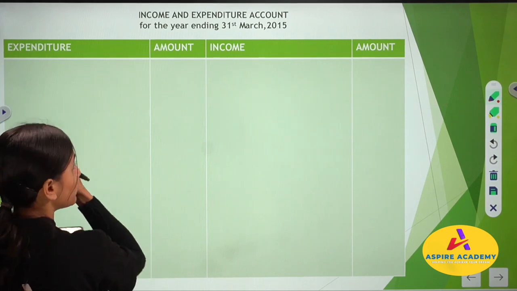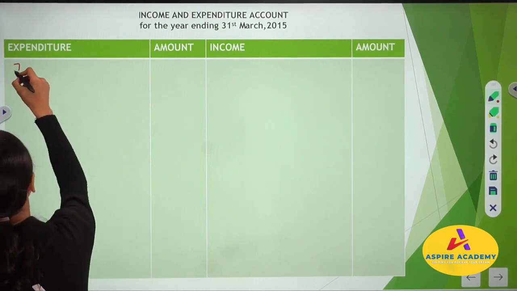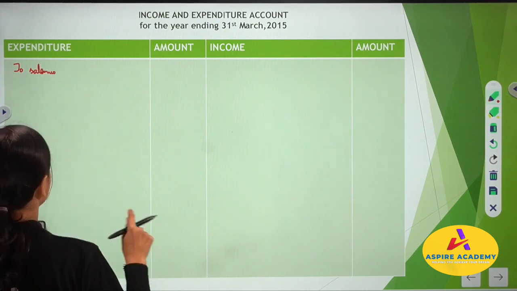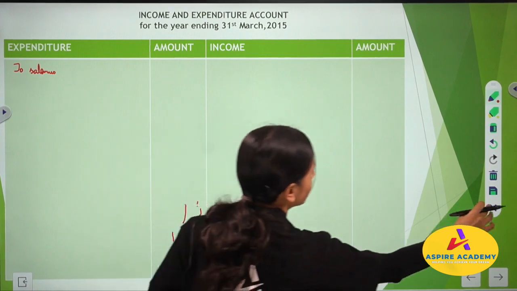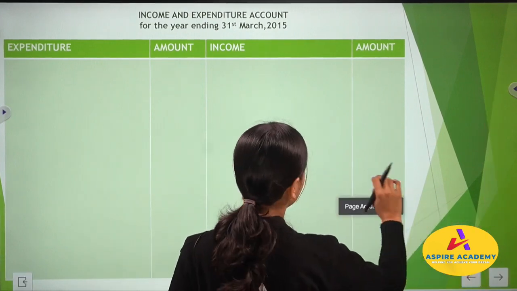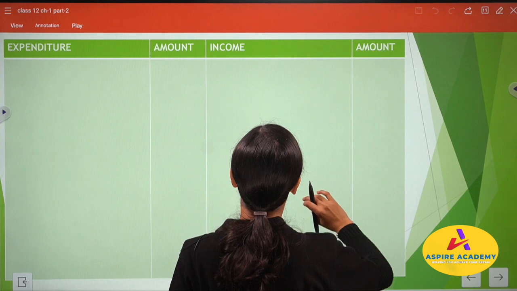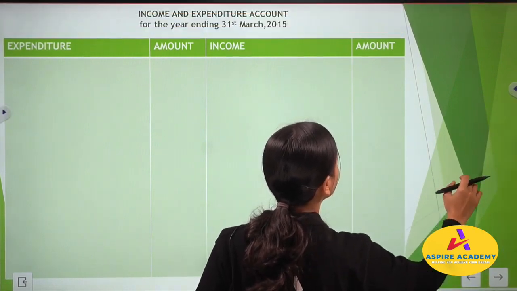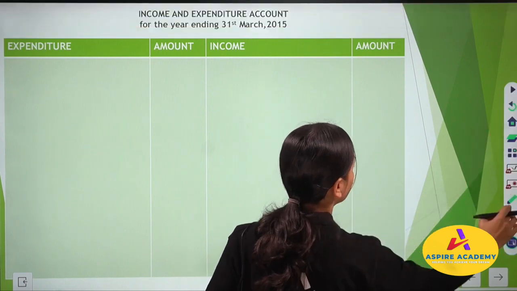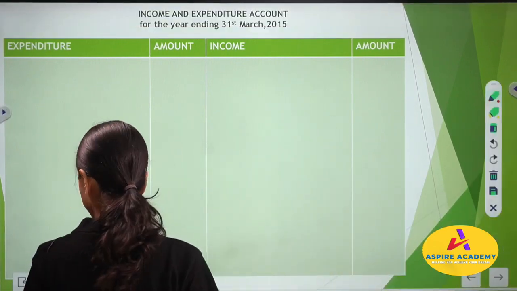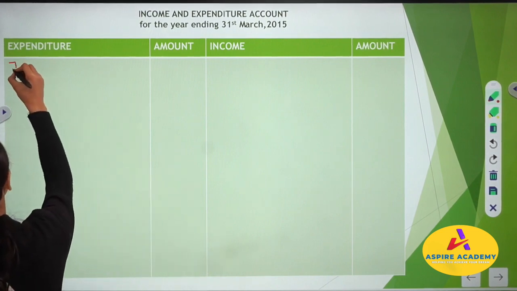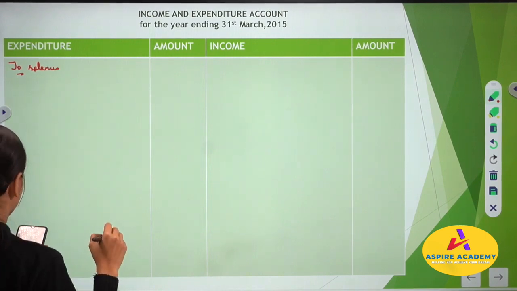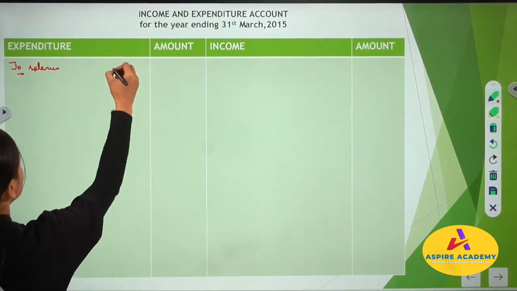Salaries is an expenditure, so it would be: to salaries, the amount is 2,000.